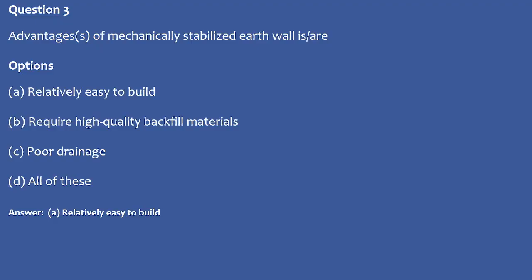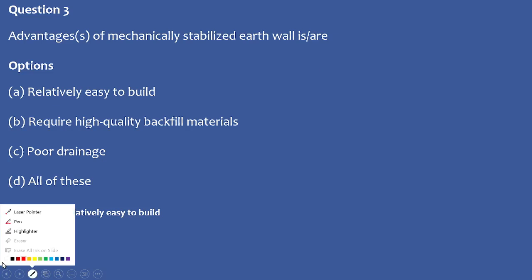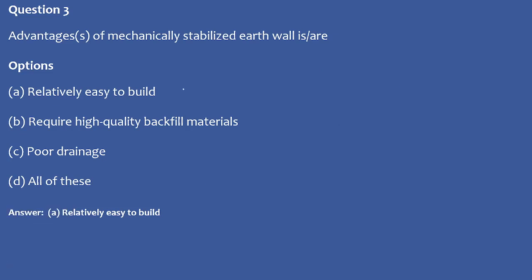Yeah, so the mechanically stabilized earth walls are basically the structure. I'll draw here. So this is the wall available with us. This wall is basically made up of some stones or modular bricks.